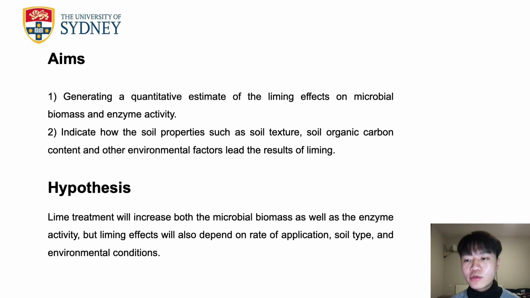Secondly, I hope to figure out how soil properties like soil texture, soil organic carbon content, and any other factors influence the result of liming. In the meantime, I hypothesize that lime treatment will increase both microbial biomass and enzyme activity. But liming effects will also depend on the rate of lime application, soil type, and environmental conditions.